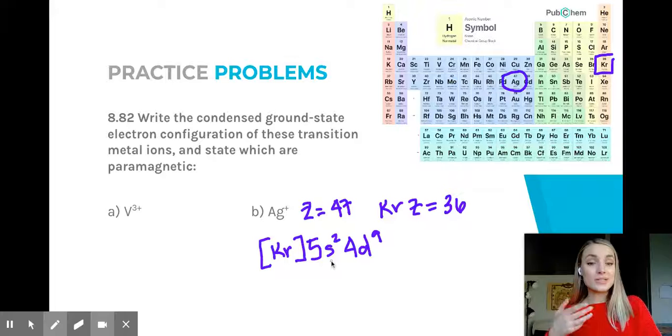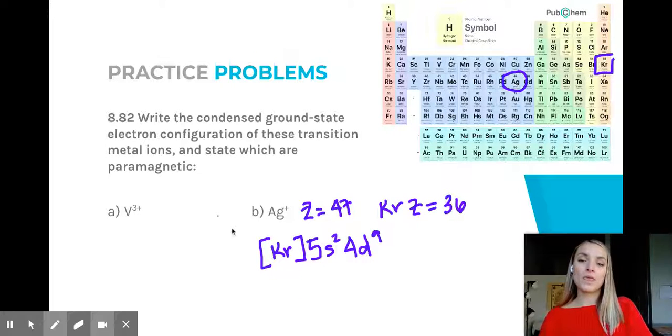So once again, we are removing our first electron not from the d orbital because we are dealing with a transition metal. We are going to remove that electron from the ns orbital, the 5s orbital.